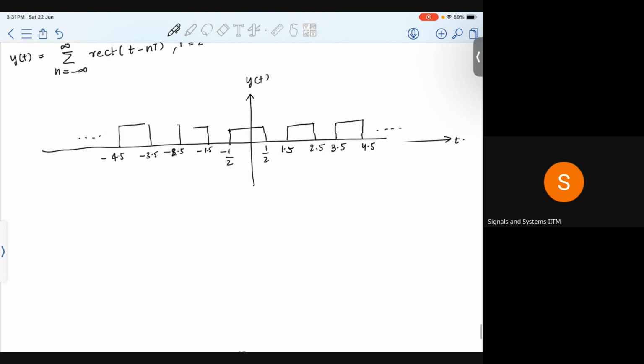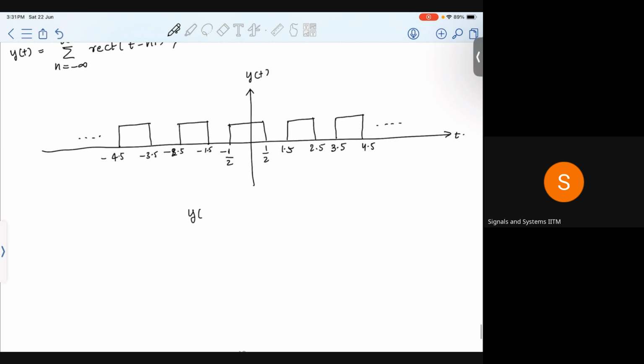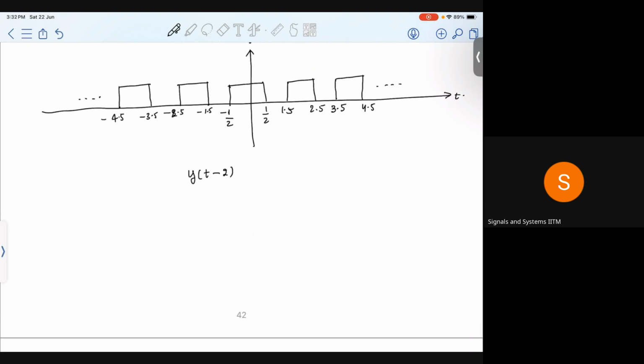Let's try to calculate y of t minus 2. If you plot y of t minus 2, what happens?